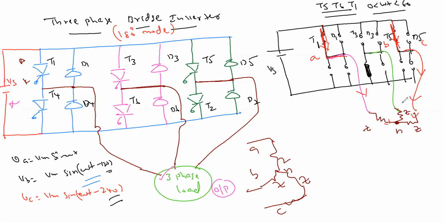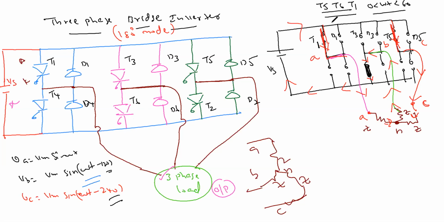Then what will happen here? How is the current going? A and C currents are coming in, say this is A phase and this is C phase, positive currents. Both currents go out through the lower SCR, T6, anode to cathode, and then go back to the source.